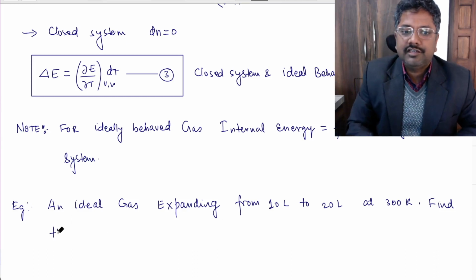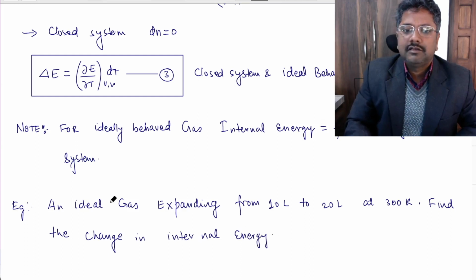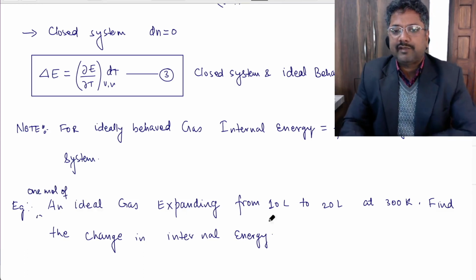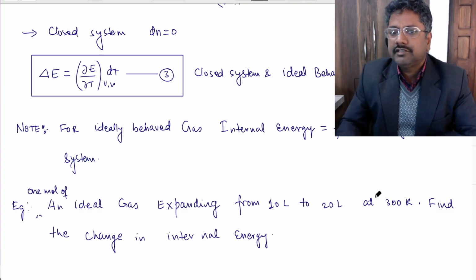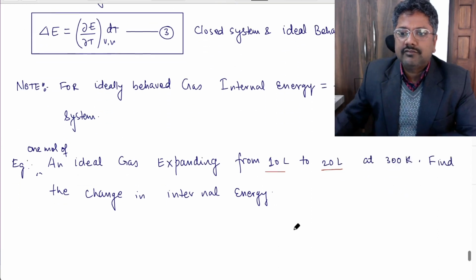Find the change in internal energy. 1 mole of an ideal gas is expanding from 10 liters to 20 liters. So see, initial 10 liters, 20 liters, number of moles. So you can formulate this.